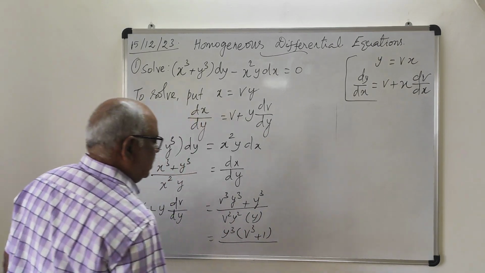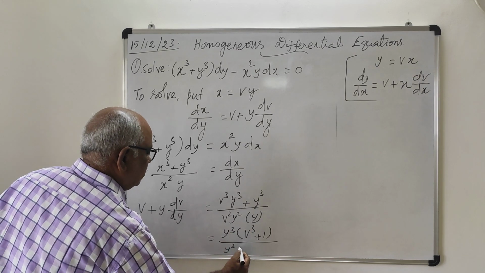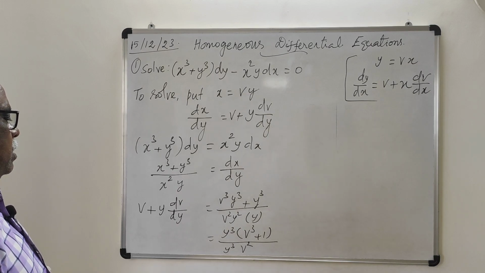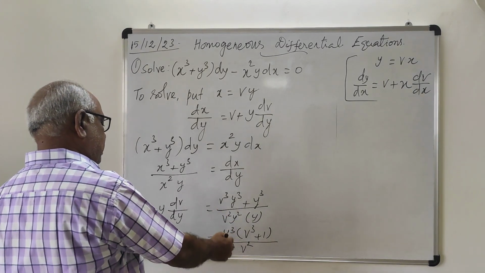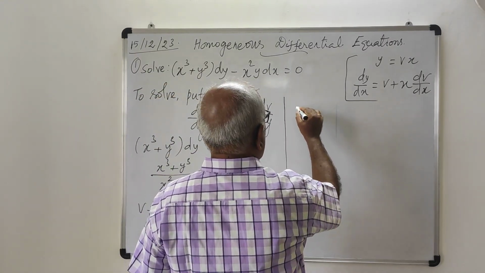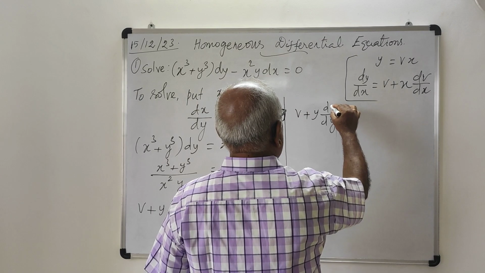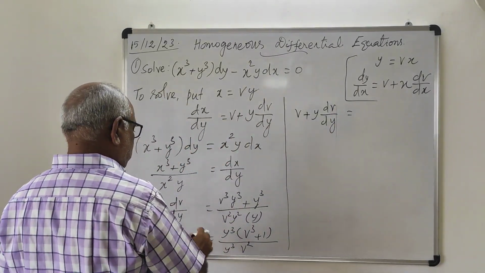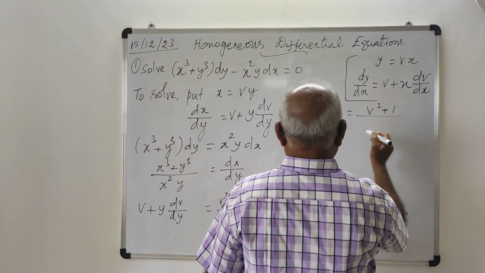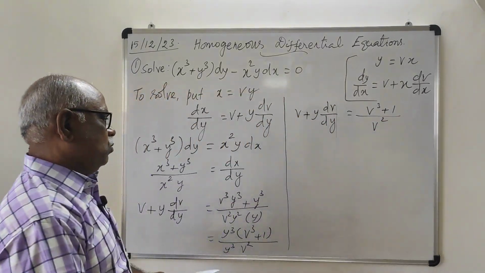In the denominator, if you take y cube as a common term, you will get y cube into v square. So y cube, both numerator and denominator, get cancelled. You will get v plus y dv by dy equal to (v cube plus 1) by v square.